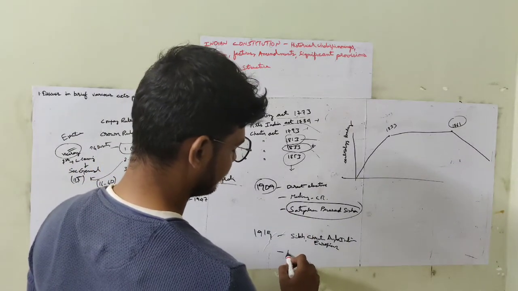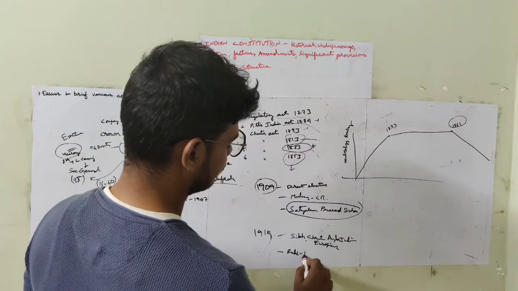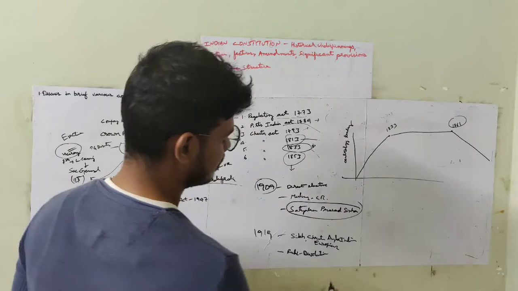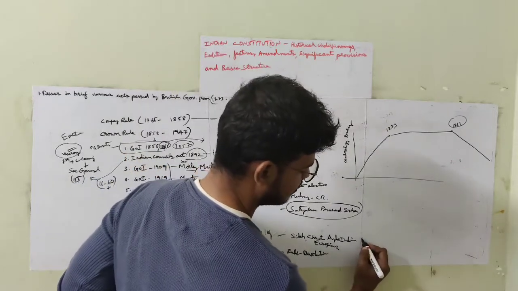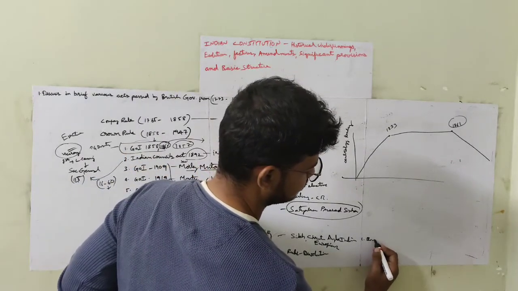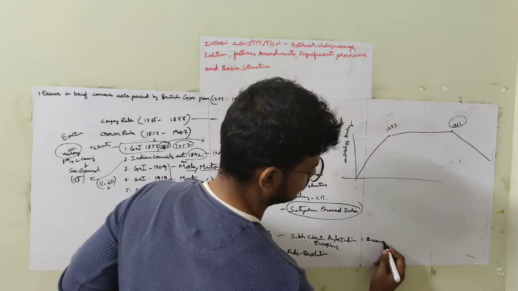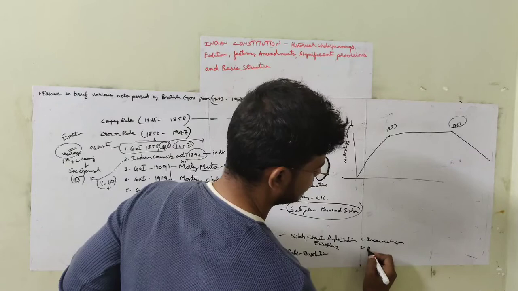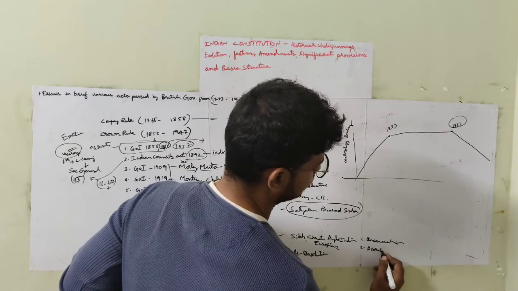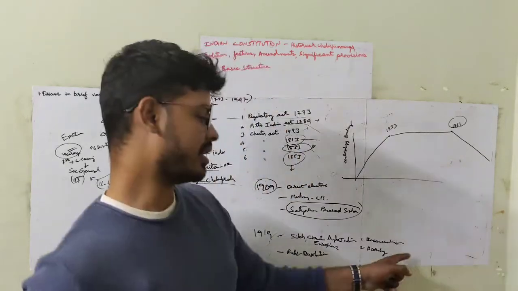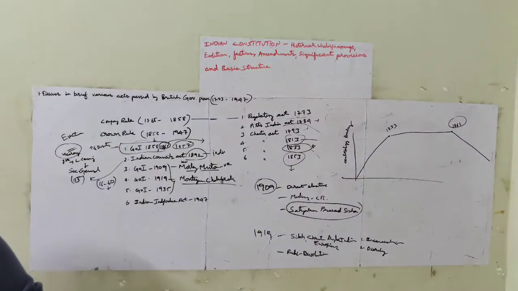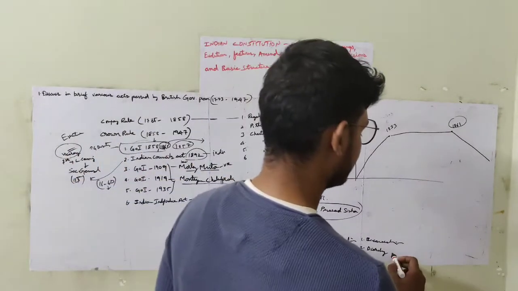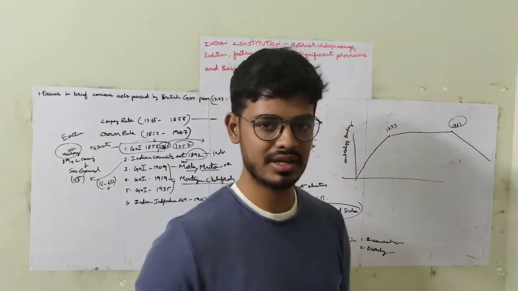See, two important things of the act are, one is bicameralism, and second one is diarchy. Please know the difference between bicameralism and diarchy in a clear way. Diarchy in the sense the subjects are divided between the center and the states.